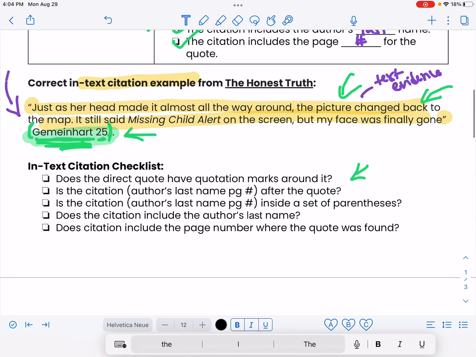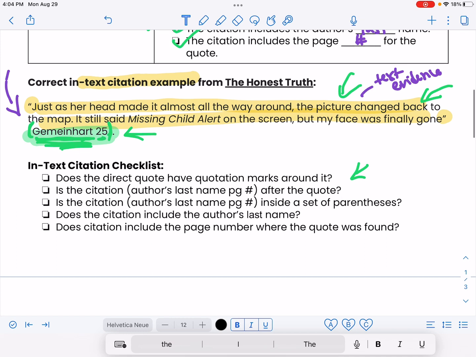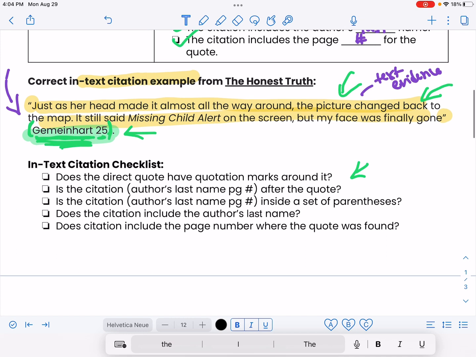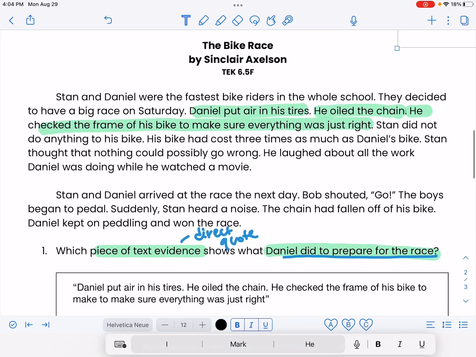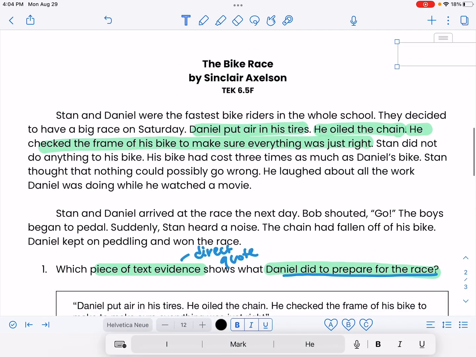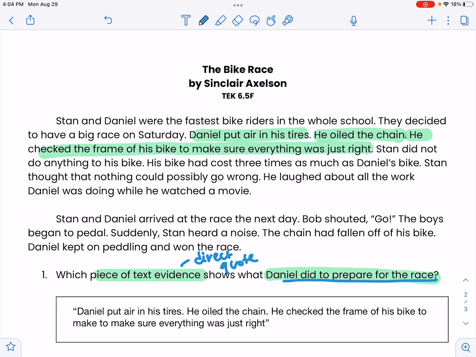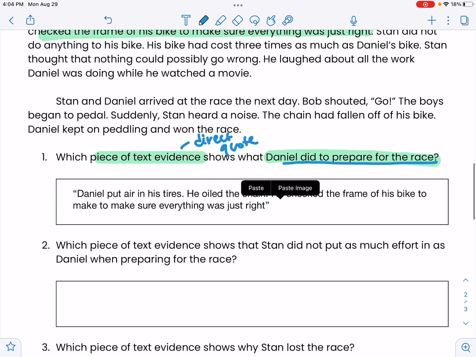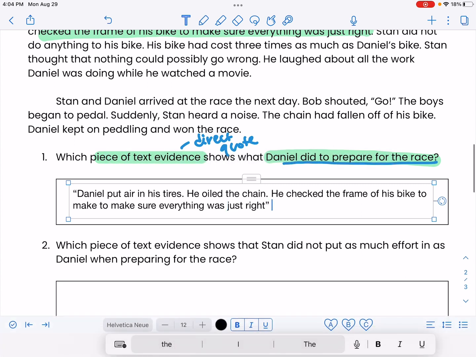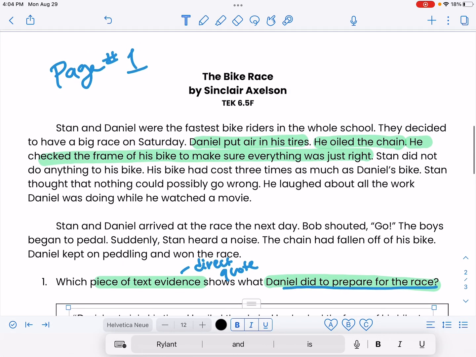Remember, an in-text citation is the author's last name in parentheses and where we got this quote from, the page number. Well, we only have one page number since this story is very short, so this is page number 1.